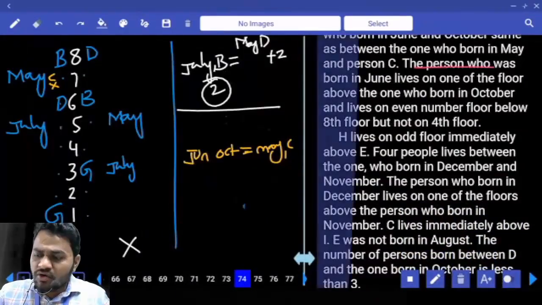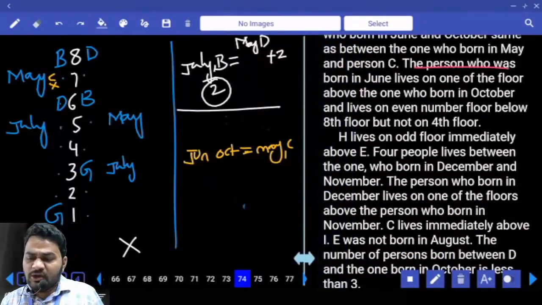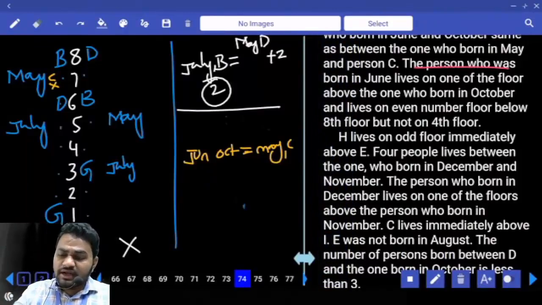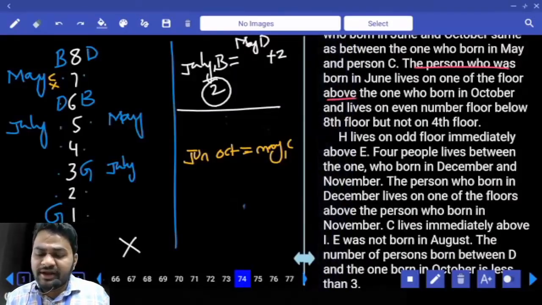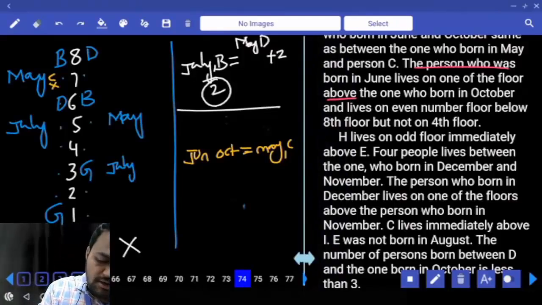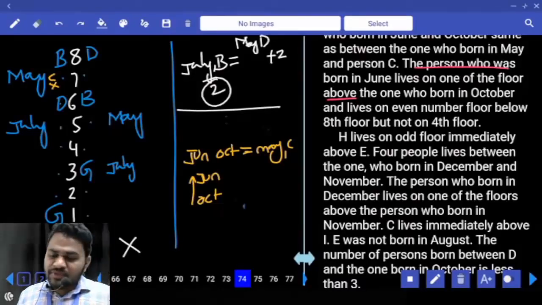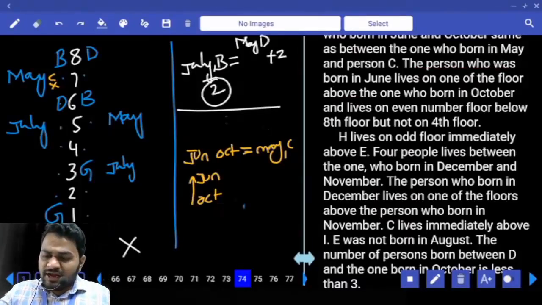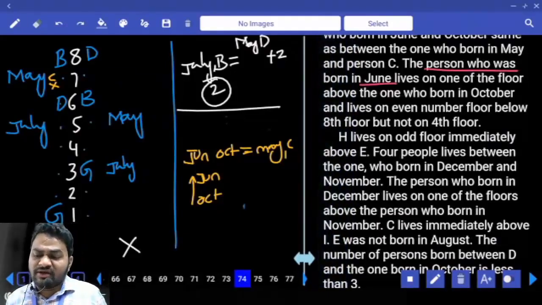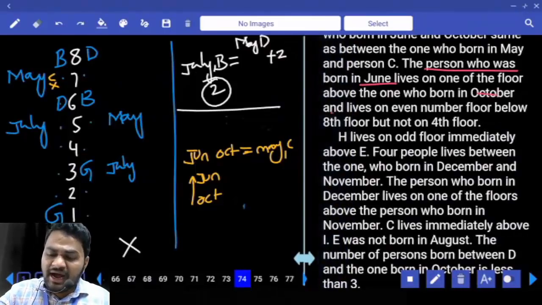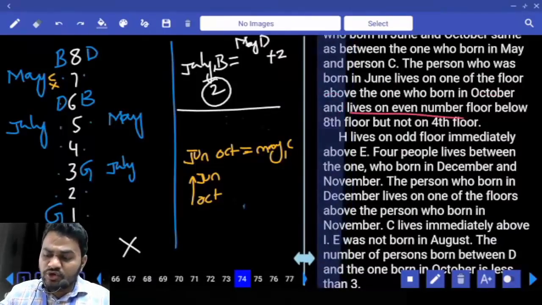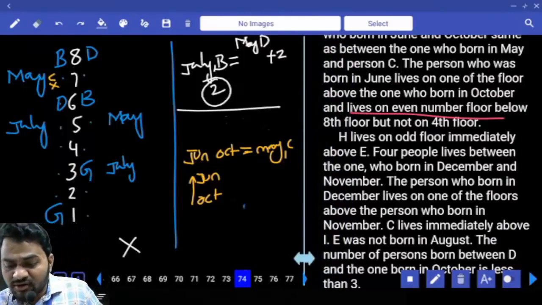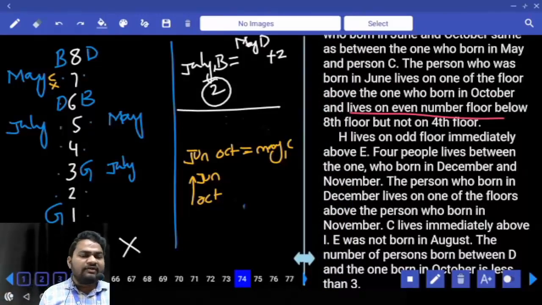The person who was born in June lives on one of the floors above the one who born in October. So whoever is in October, above that we need to fix June. The person who was born in June lives on an even number floor below 8th floor but not 4th floor.